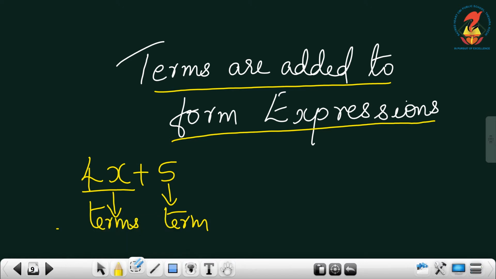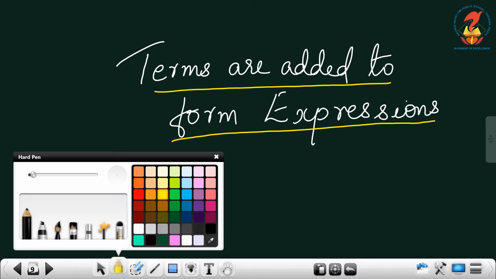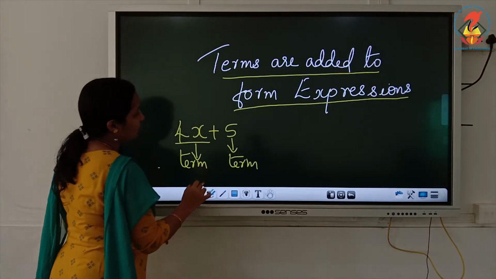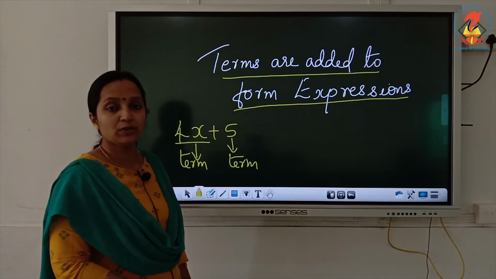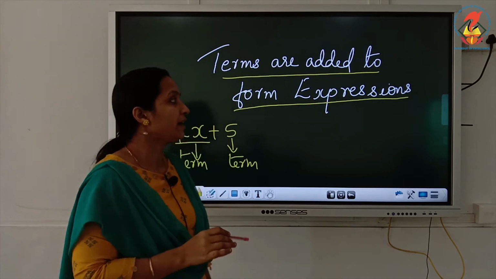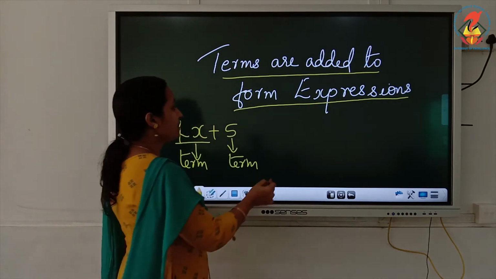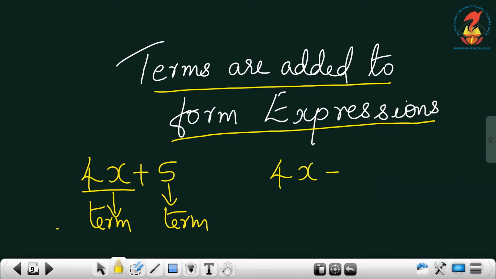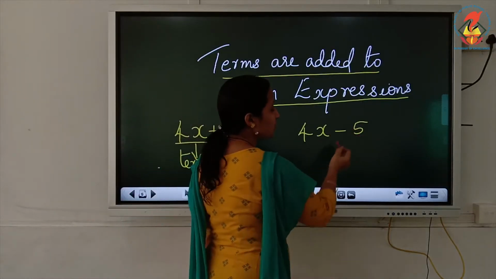So, we can call these parts terms of the expression. What you can conclude, children, is terms are added to form expressions. Suppose there is a negative sign also, as in 4x minus 5. This negative sign belongs to the next term.